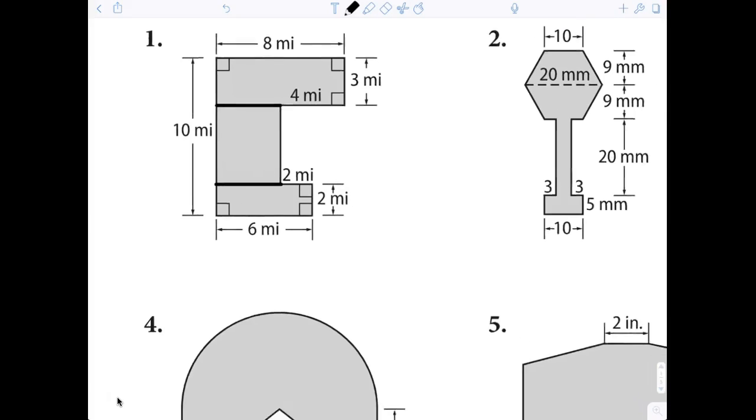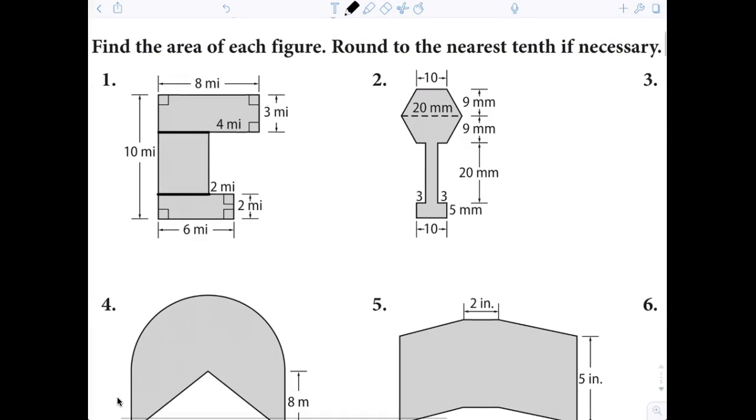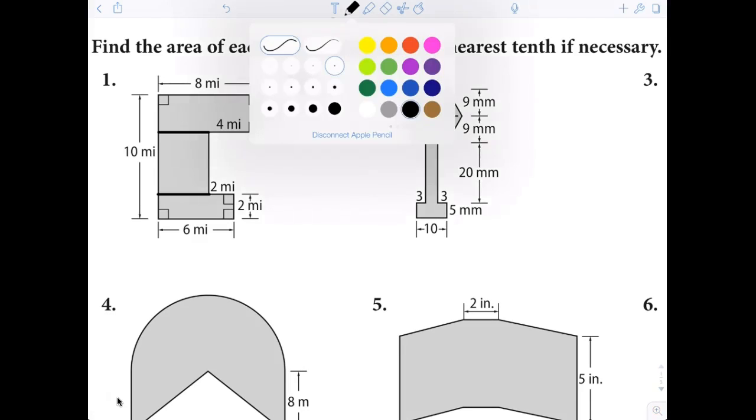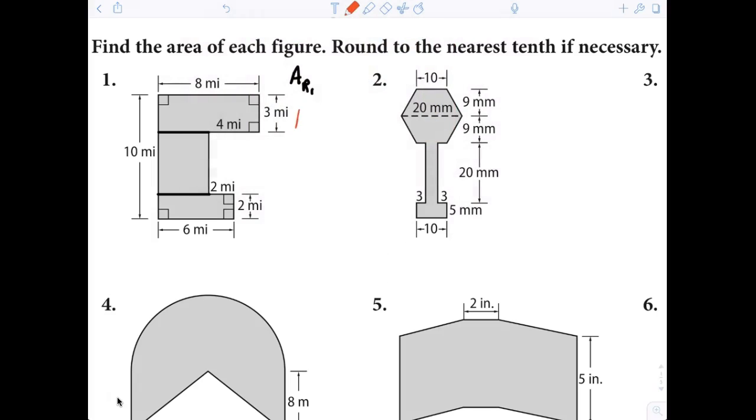All right, so what I want you to do now, if you recall, the area of rectangle 1 is called a subscript. We also have the area of rectangle 2, and then the area of rectangle 3.